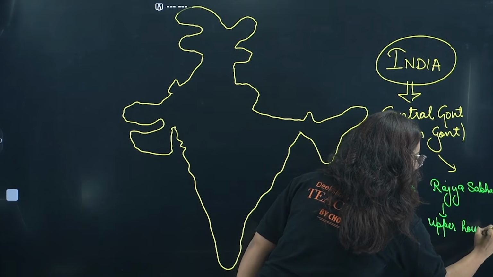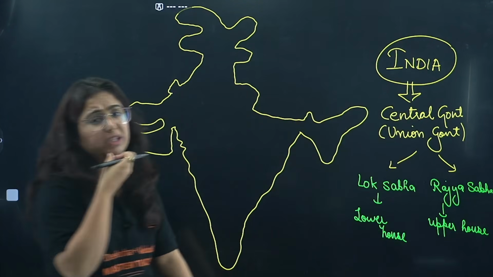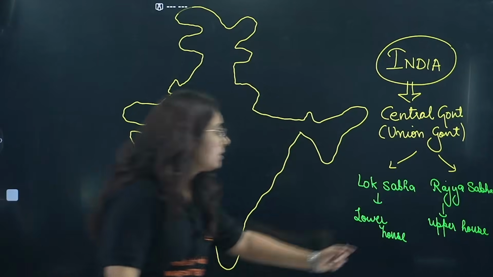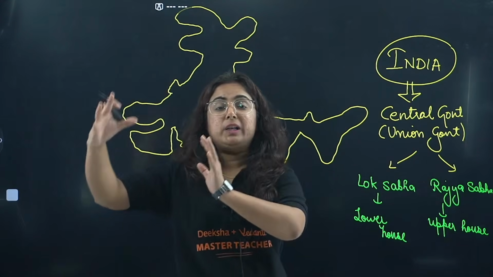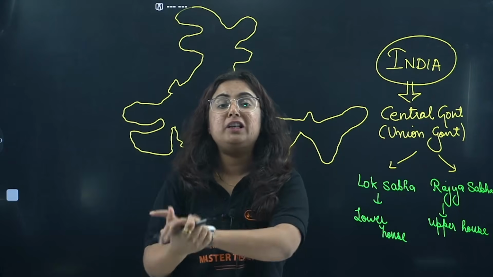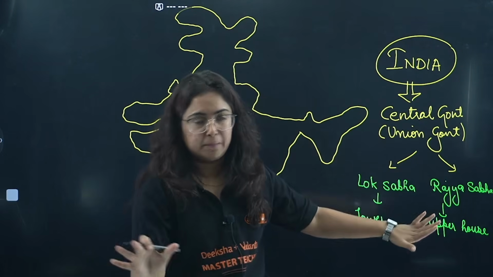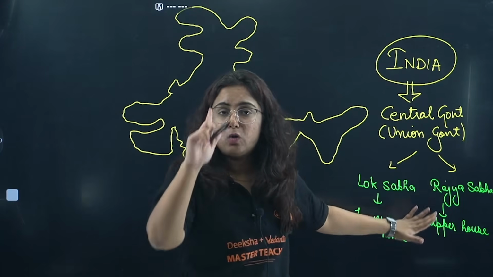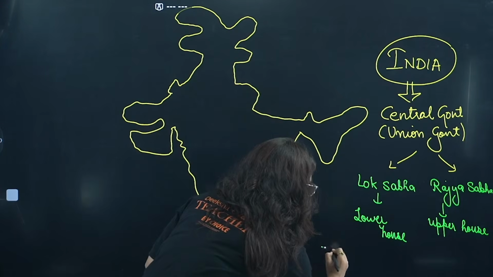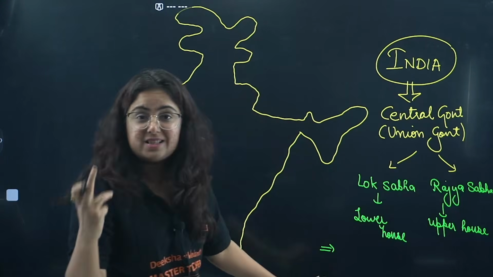This lower house, upper house terminology was from the time of the Britishers. Why do we consider Rajya Sabha the upper house? Because in Britain that house was considered the house of intellectuals, and hence the name came. So in the central government, we have Lok Sabha and Rajya Sabha, two houses, and hence this type of legislation. Why legislation?